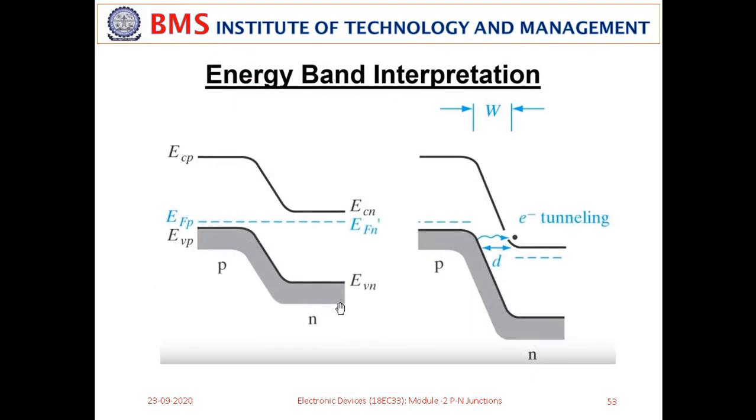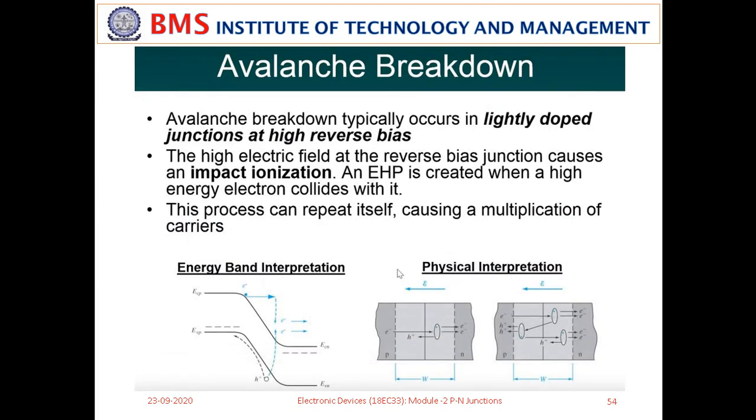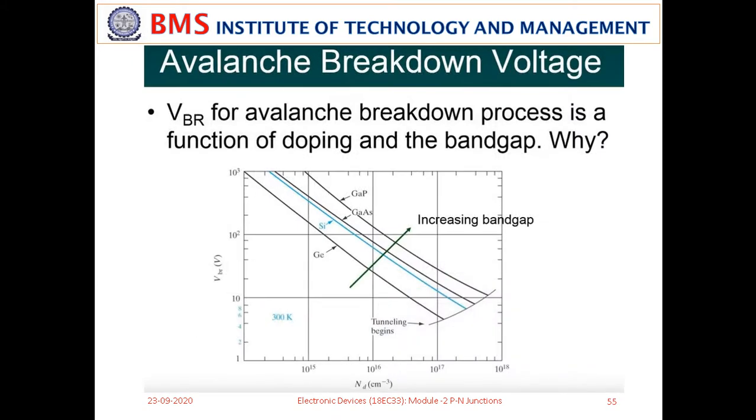If anything is missed, you can remind me: the energy band interpretation of reverse bias and the avalanche breakdown mechanism. We talked about the breakdown voltage and its variation with doping. The x axis represents the doping and the y axis is the breakdown voltage, and we have seen that as doping increases, the breakdown voltage keeps decreasing.